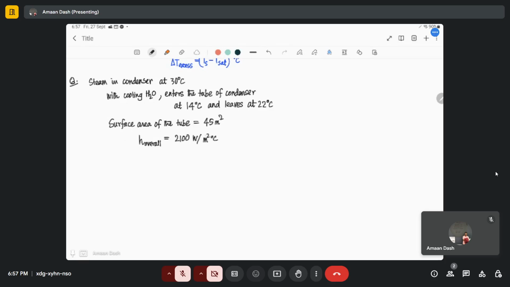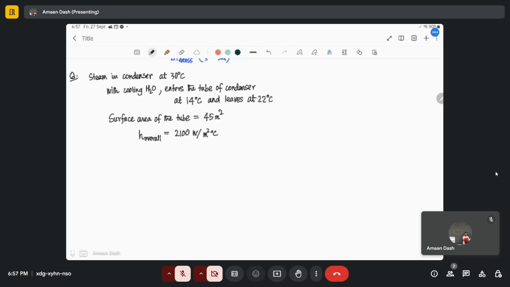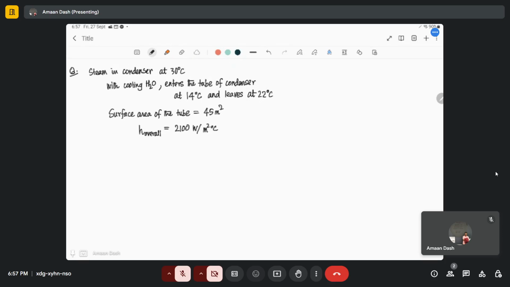So you can see in this type of situation, the heat transfer coefficient values will be very high. And this condenser is well insulated. Now, what does this mean? The heat loss to the surrounding is negligible.